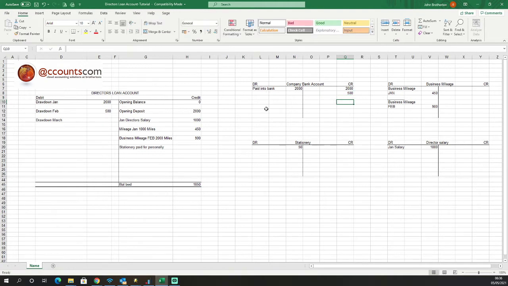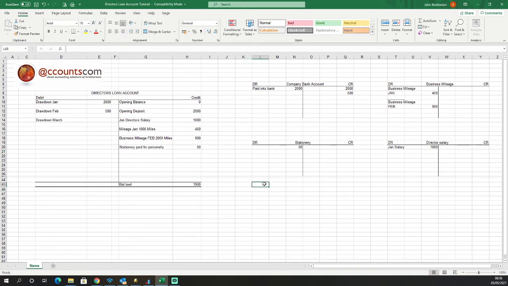That would be it. It wouldn't be transacted through the director's loan account. But in this instance, we're saying the £50 has been spent on stationery in February, and we've paid for it with our own money. So we're crediting the loan account with another £50. So our amount owing to us is 1,850 plus the 50. So we're now owed £1,900. Okay.